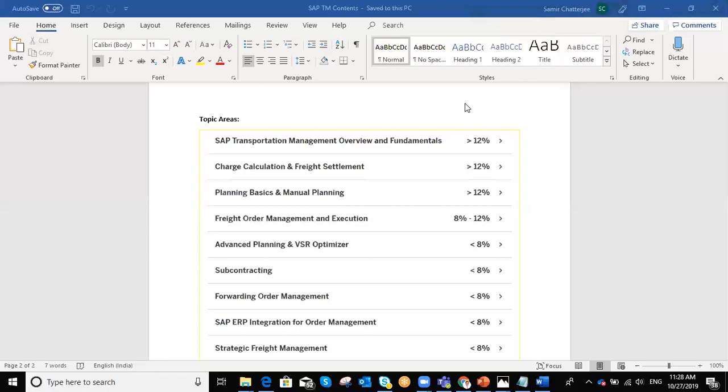As our homework, so that we can understand the integration aspects of ERP logistics to the SAP TM box: one is the core interface CIF, which involves transfer of master data. Transfer of master data mainly involves the material master, the business partner master, and the shipping point, which is most important for outbound deliveries.